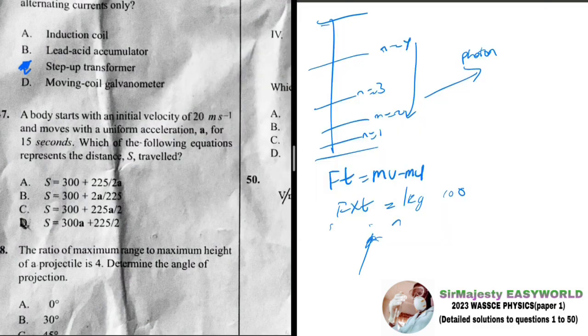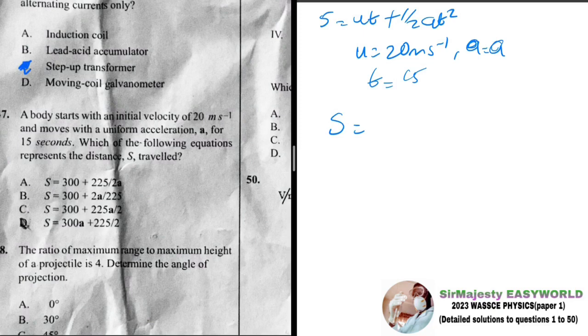So what I need to do is use s is equal to ut plus half at squared, where our u is given as 20 meters per second. Our a is not given here, we're just giving that it's a, and our t here is given as 15 seconds. So I need to apply it in this formula.